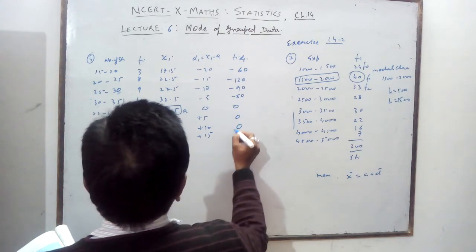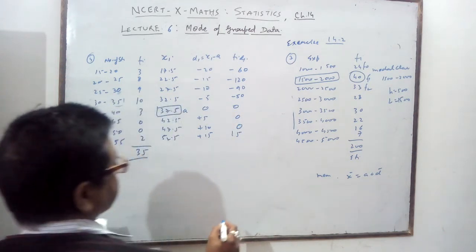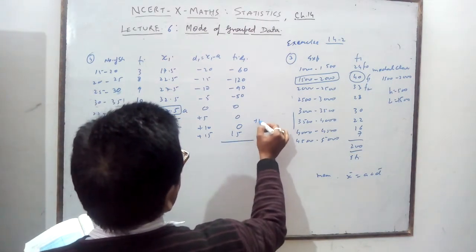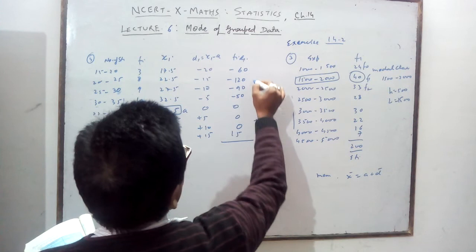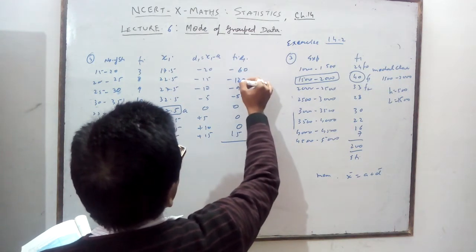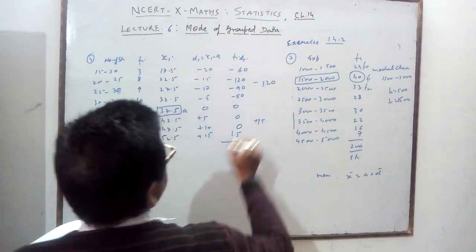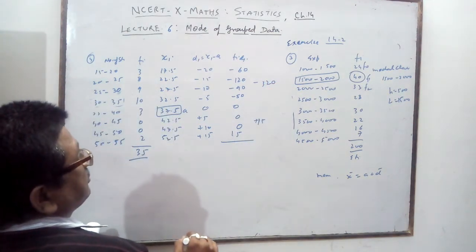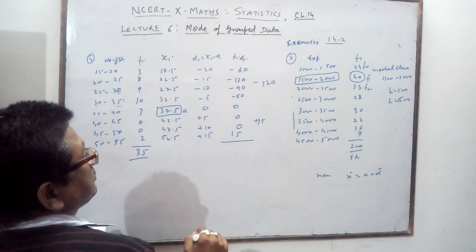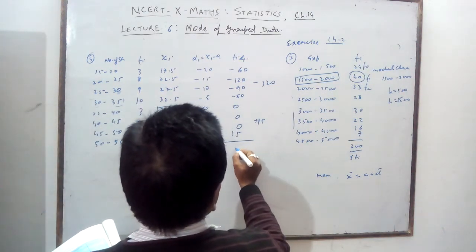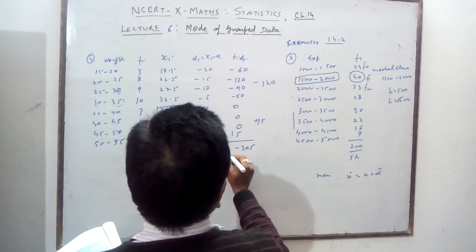Sigma fi di is plus 15 and minus 320, so it is minus 305.